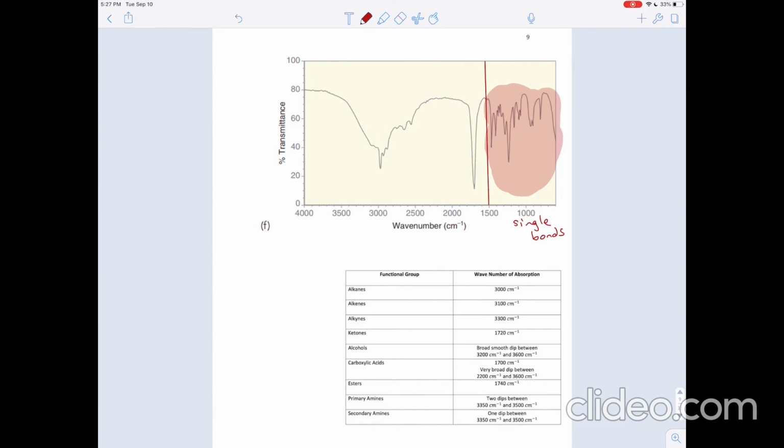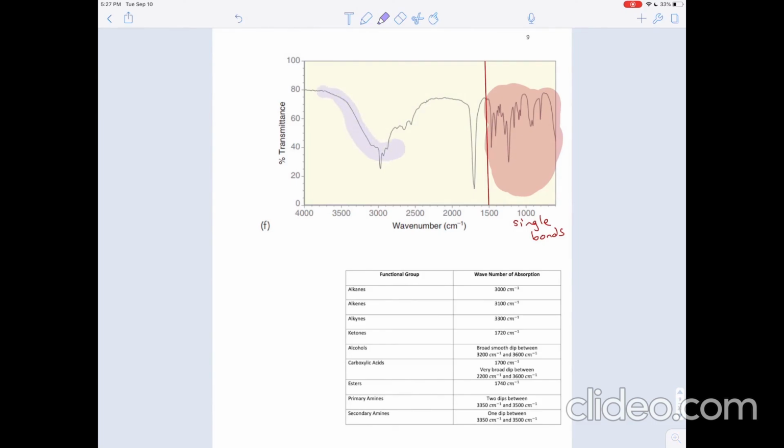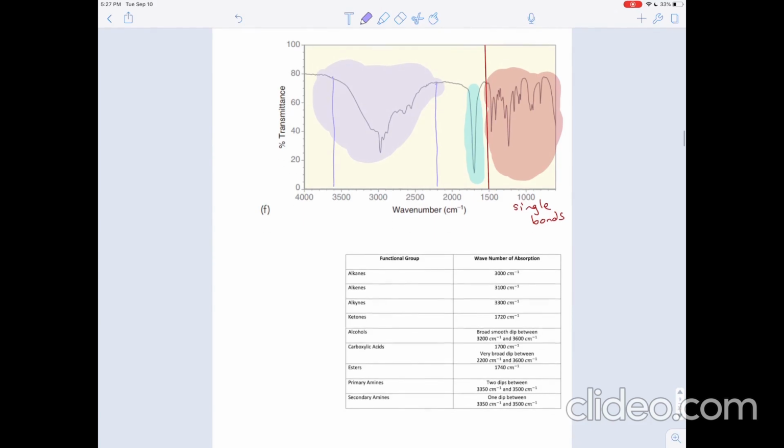And then we have two other absorptions. We have this big, fat, broad one. It takes up almost a third of the whole spectrum. And we have this thin, pointy one over here. So this big, fat, broad one extends from around 2200 to around 3600.